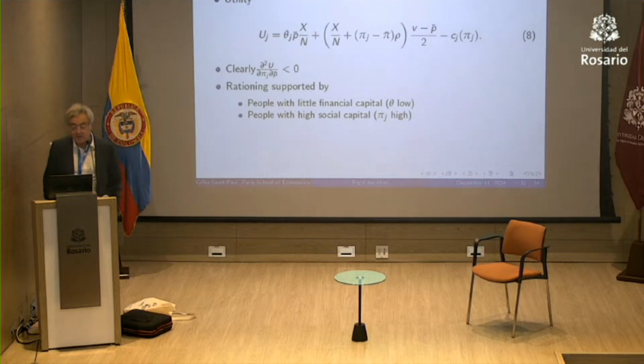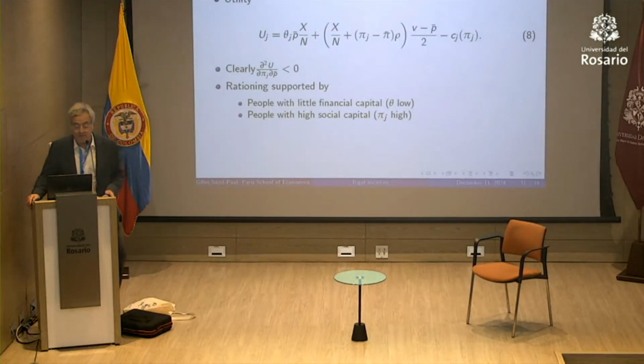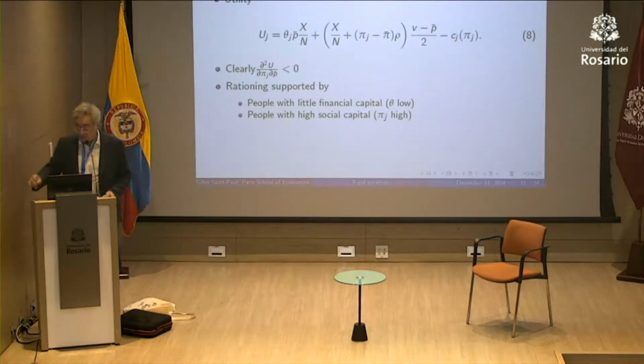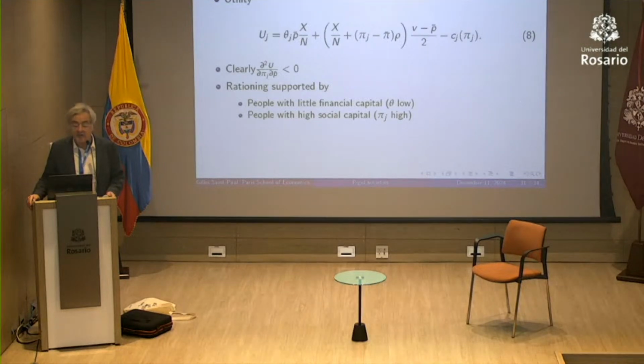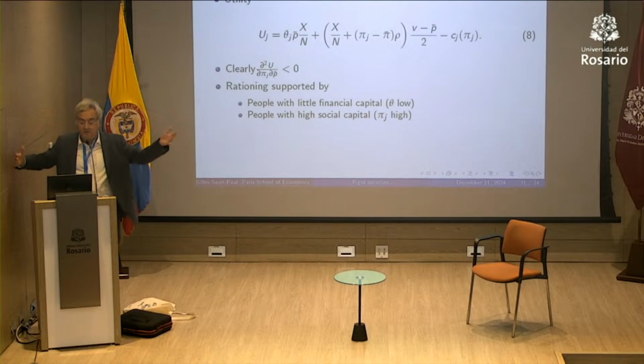This cross derivative, it's obvious from this formula, is negative, which means that my marginal utility of deregulating is lower when my social network is more developed. So rationing is supported by two kinds of people: people with little financial capital, theta low, and people with high social capital, pi j high. These are the lobbies against the market economy, if you want.